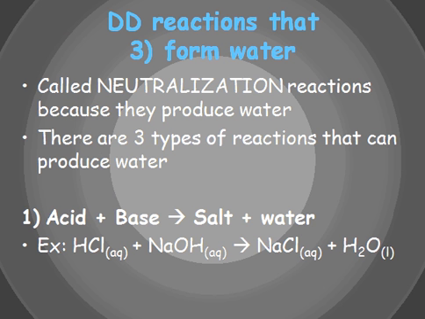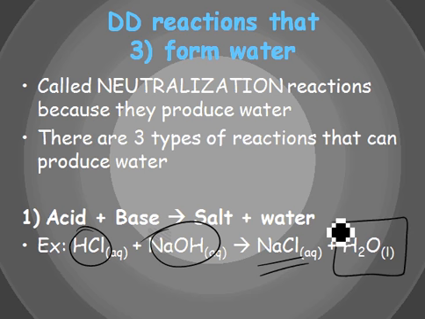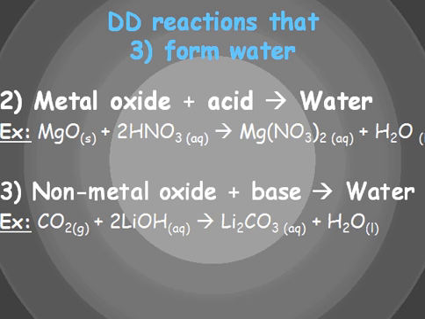Now, we also talked about this briefly, neutralization reactions, and the reason they are neutralization reactions is because you have an acid, you have a base, and then what you end up producing is salt and water. So that's a neutralization reaction. And then finally, you can have double displacement reactions that form water.